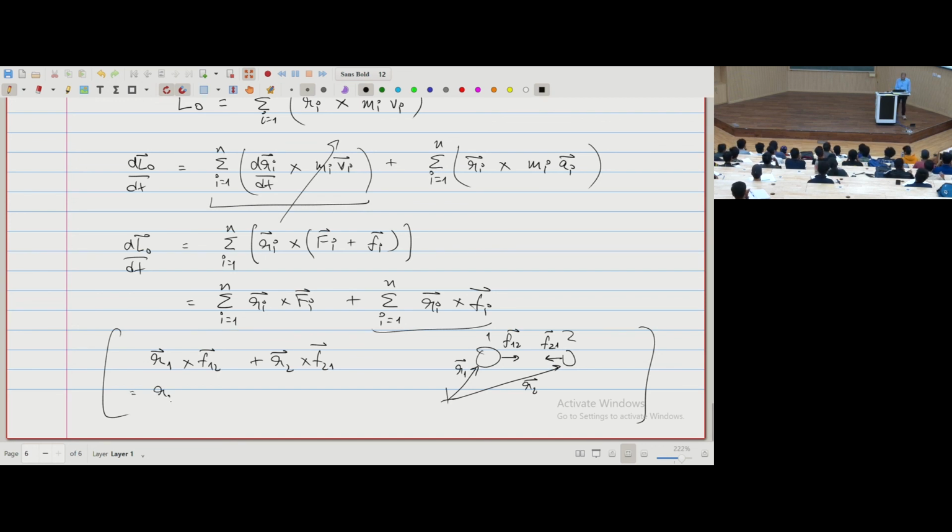So this becomes R1 minus R2 times F12. We apply Newton's third law: F12 is equal to F21 with a negative sign. And R1 minus R2 is simply this vector.